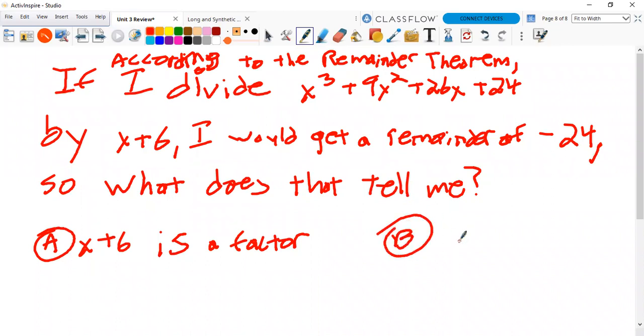B, if I did F, let me pause. I want to try to mirror it as close as I can.